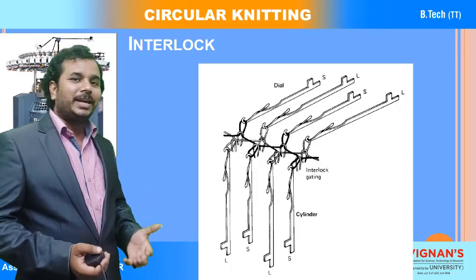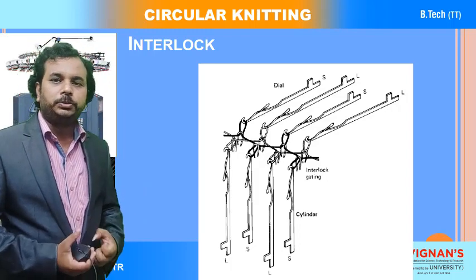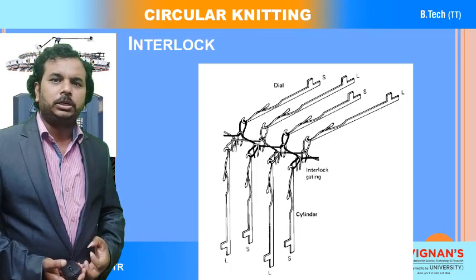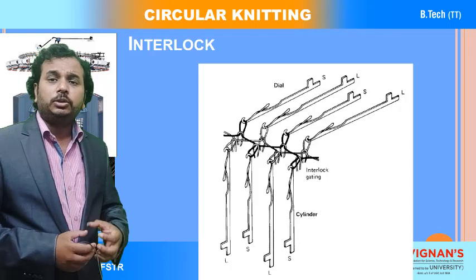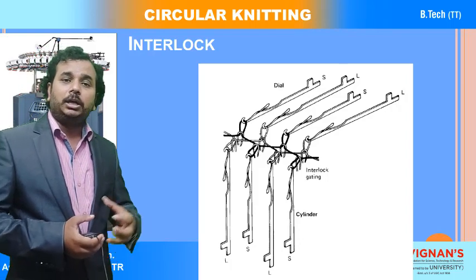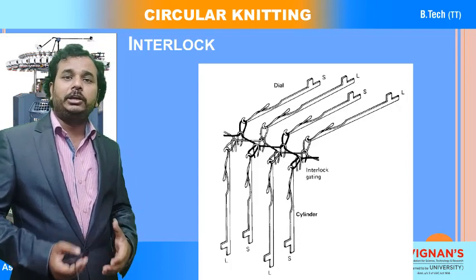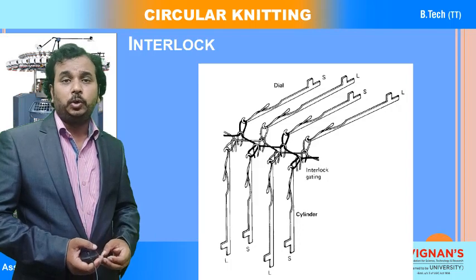For your understanding, the image shows the loops of the short needles, cylinder short needles and dial short needles, in black filled color, and the long needles of the cylinder and the dial are shown as a simple outline of the loop.